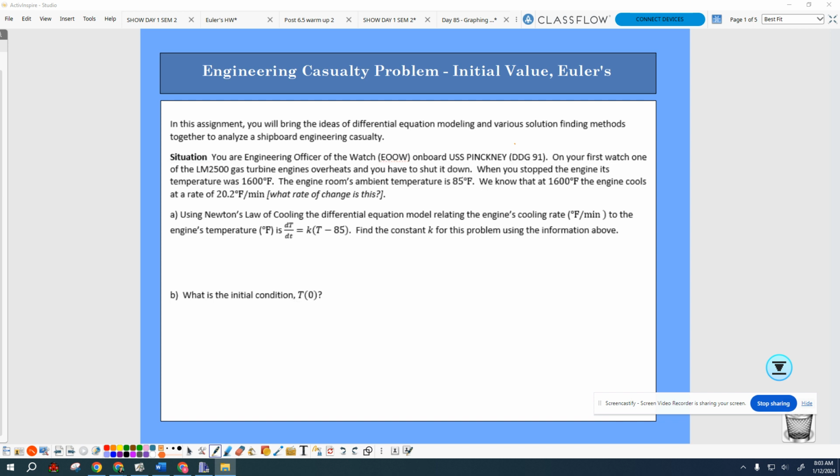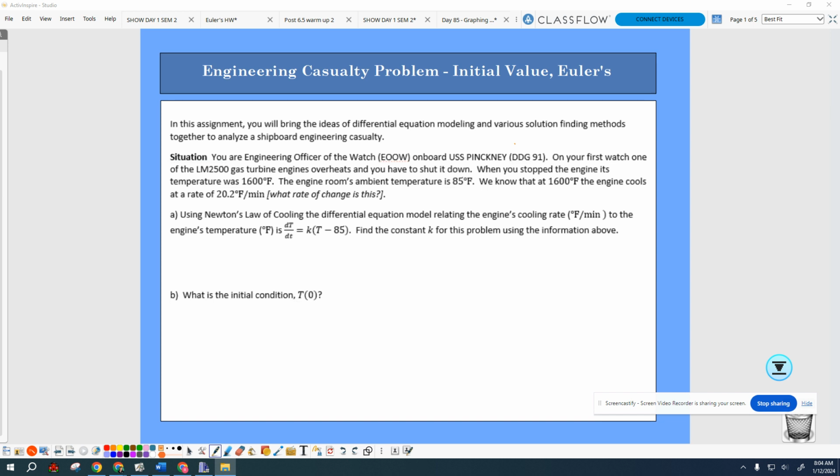We know that this engine cools at a rate of 20.2 degrees Fahrenheit per minute. And it depends on the temperature of the thing itself at the time. It cools differently as it cools. So using Newton's law of cooling, this is the differential equation. Find K. So that's pre-cal.